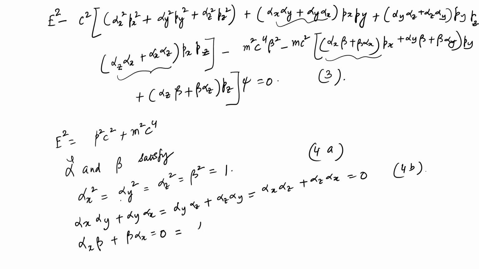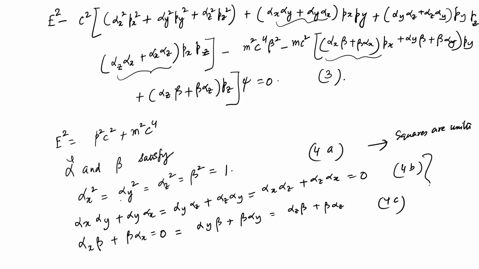So, this is equal to alpha y beta plus beta alpha y equal to alpha z beta plus beta alpha z, and all of these will be equal to 0. So, that tells us that these squares are unity, and all of them anti-commute with each other.